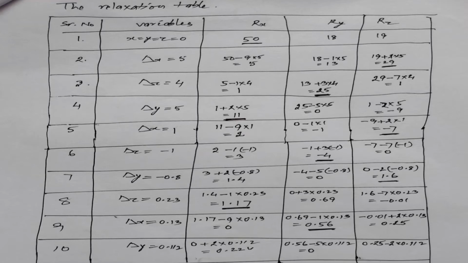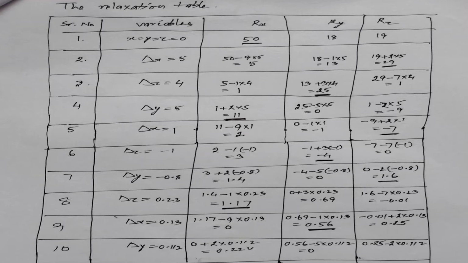Now the residual Rz is 1.6, which is the greatest residual. So we take delta Z equal to 0.23, and then Rz becomes 1.6 minus 7 into 0.23, that is equal to minus 0.01.